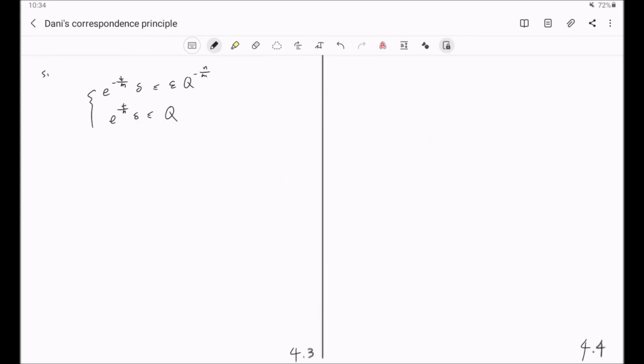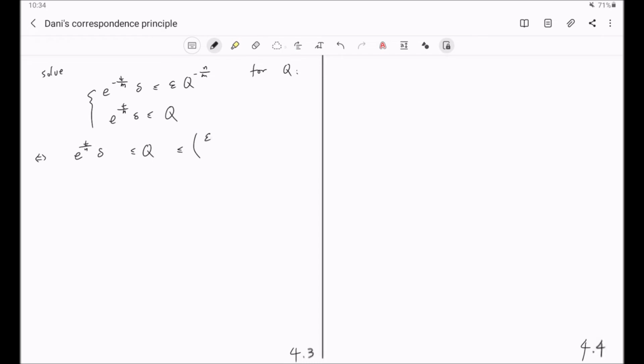Let's go for capital Q. And by computation, as we have done before, this is equivalent to Q being greater or equal to e raised to the power t over n times delta, and less than or equal to this.